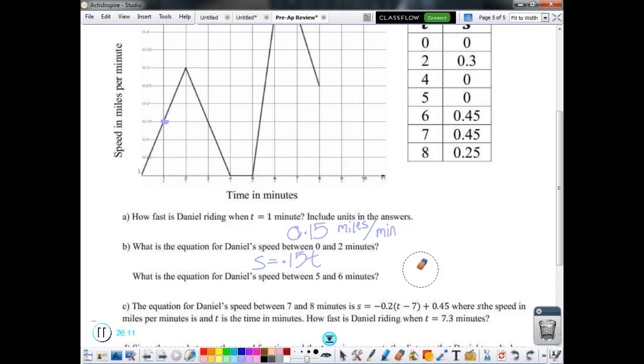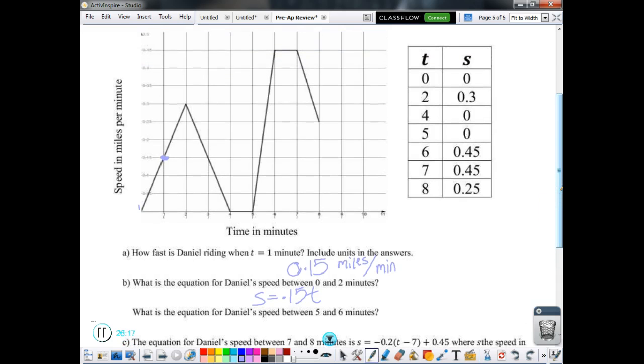Okay, so the next one is 5 and 6. Does that say 0.5? Y equals 0.15. S equals 0.45 t, is that what you're saying?